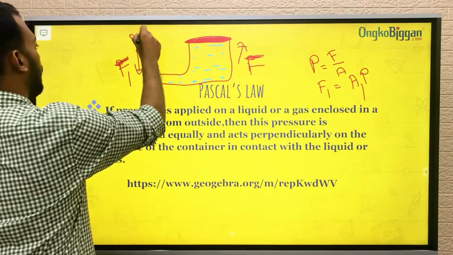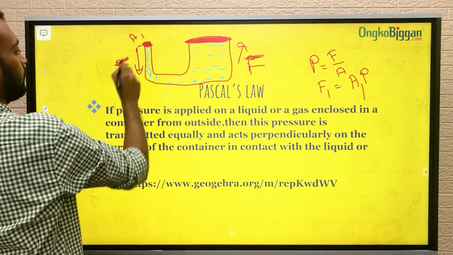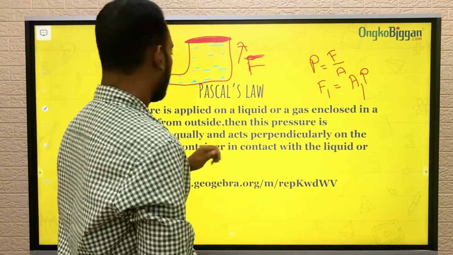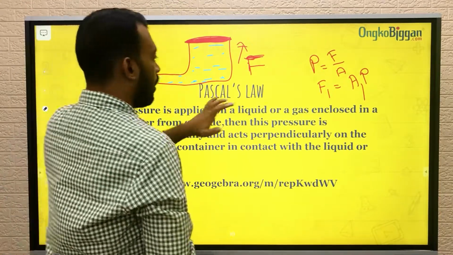Suppose this is A1, the surface area of this side.